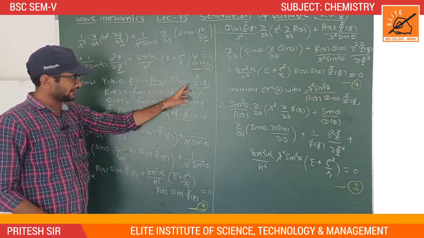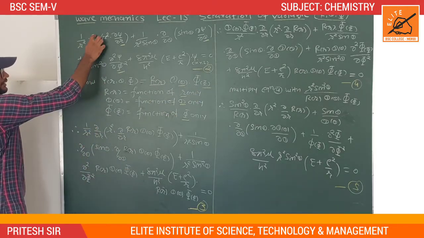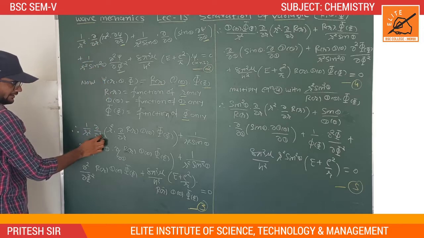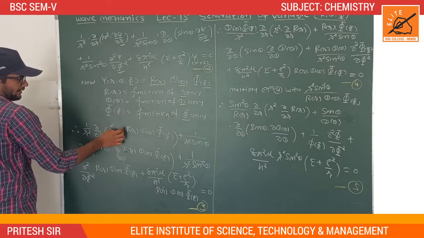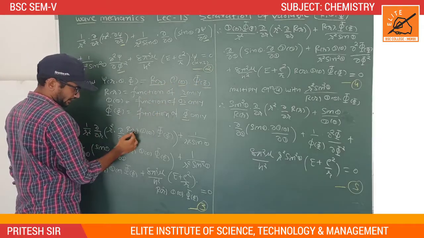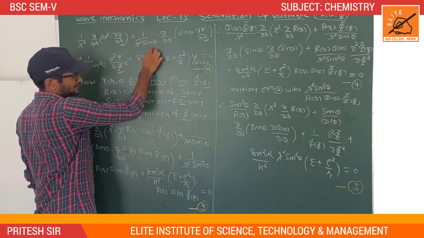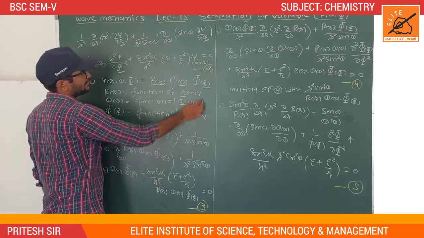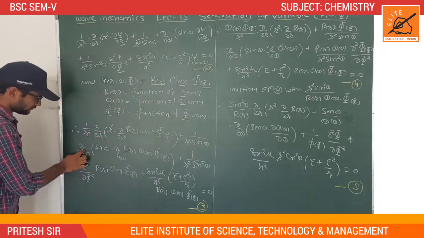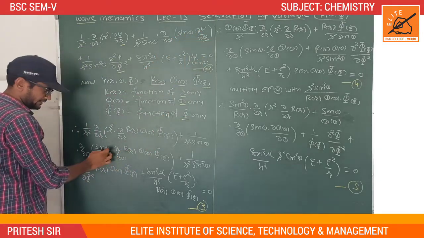So 1 upon r square del by del r, r square del by del r, now with psi equal to R, Theta, and Phi, therefore R Theta Phi, plus 1 upon r square sin theta, del by del theta into bracket sin theta del by del theta.